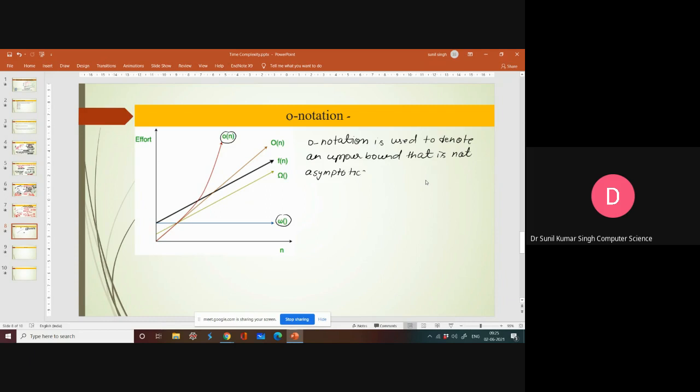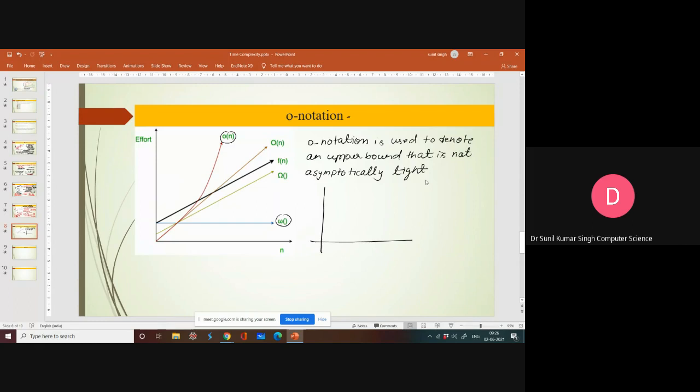So maybe you want to know the meaning of asymptotically tight. Let me tell you with the help of a diagram.